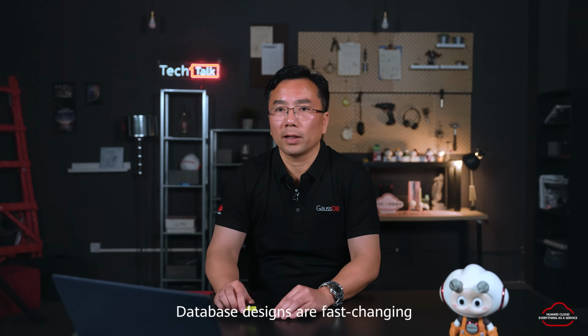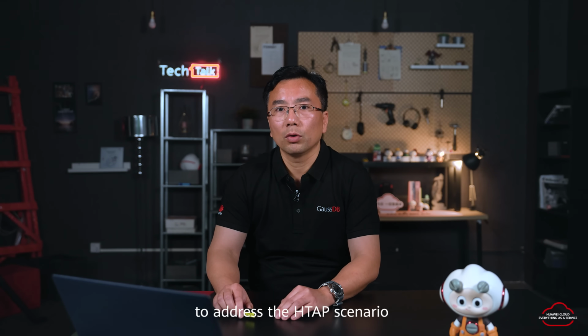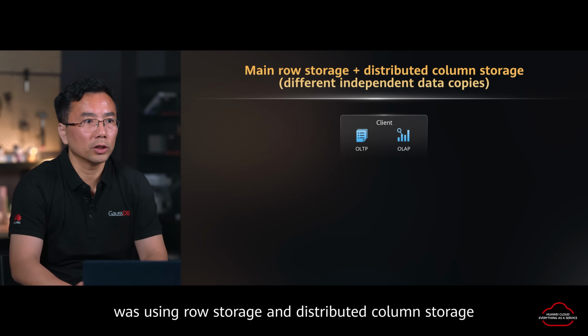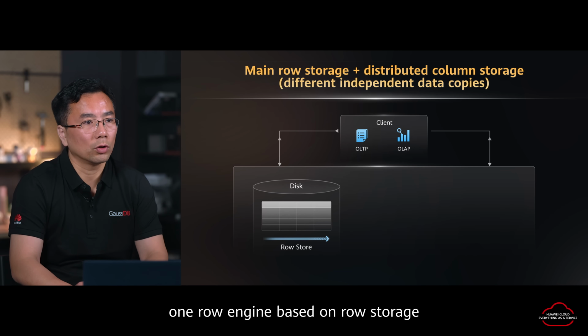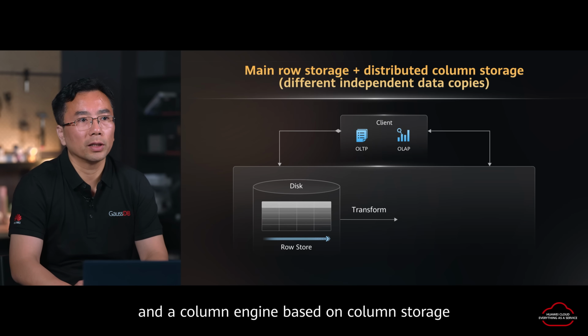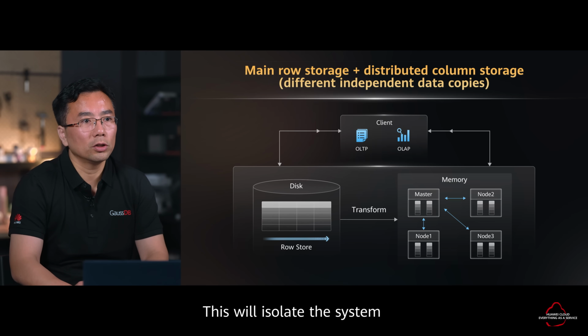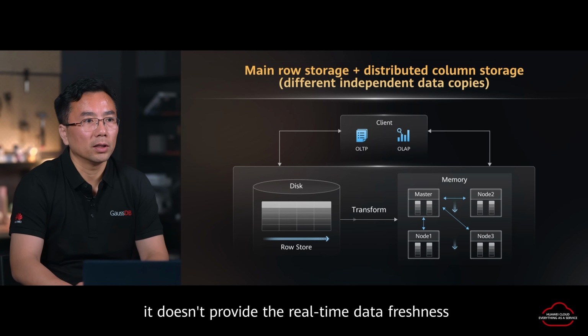Database designs are fast-changing. The first approach to address the HTAP scenario was using a row storage and a distributed column storage, which means there are two engines, one row engine based on row storage, another column engine based on column storage. This will isolate the system and the resource well. However, it doesn't provide real-time data freshness.